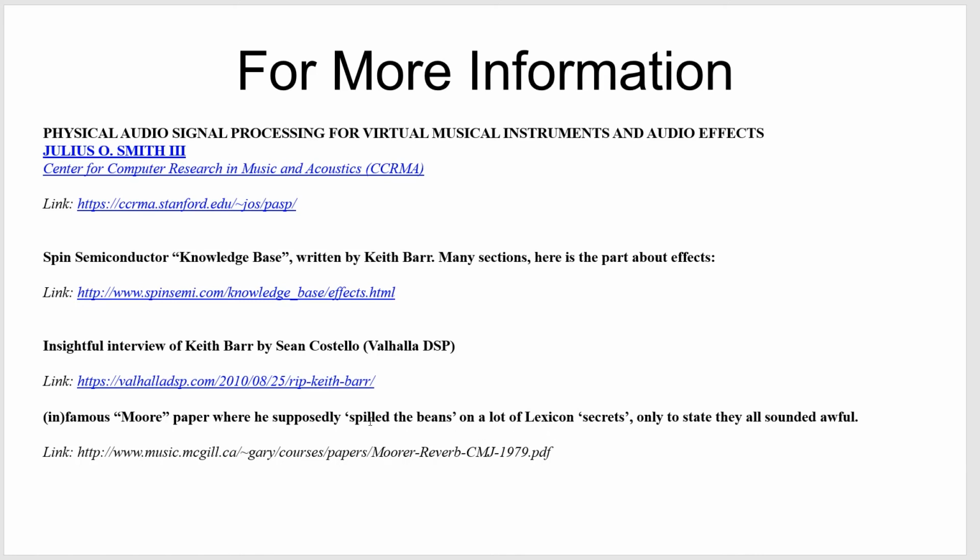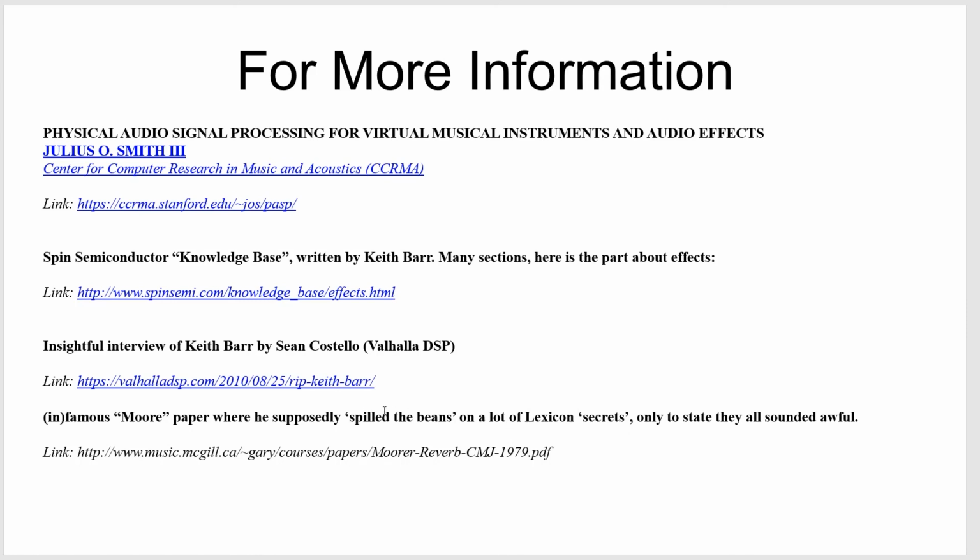And this, I think, paper was written in the '78, '79 timeframe. It's published in '79, but I think it was mainly written in '78. He talked about sort of the state of the art of reverb in 1978. So this is before the Alesis Midiverb came out. So now we're talking early Lexicon stuff. And he basically spilled a lot of the secrets that Lexicon didn't want to be told.